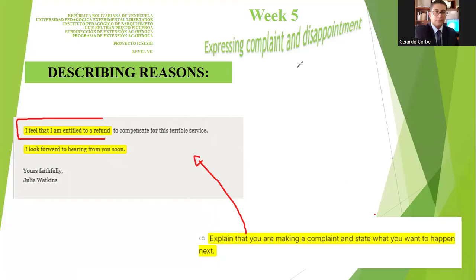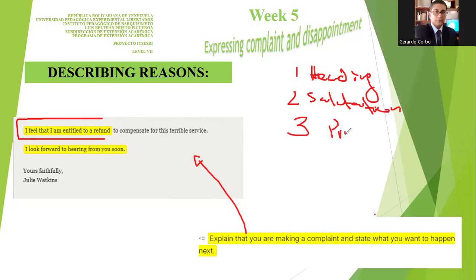So remember, headings, okay? Salutation, that would be the second important thing in your letter. Then go to the point, okay? Explain the problem, the situation, the issue. Then explain why this situation affects you or how this situation affects you.